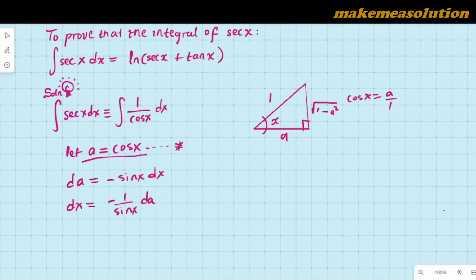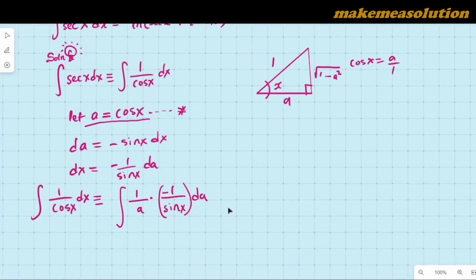So what I'll now do is, my integral of 1 over cos x dx is now equal to the integral of 1 over a, times dx, being minus 1 over sine x da.